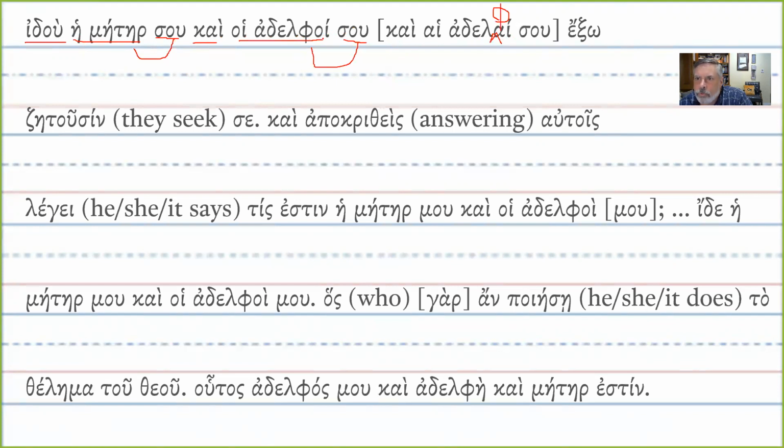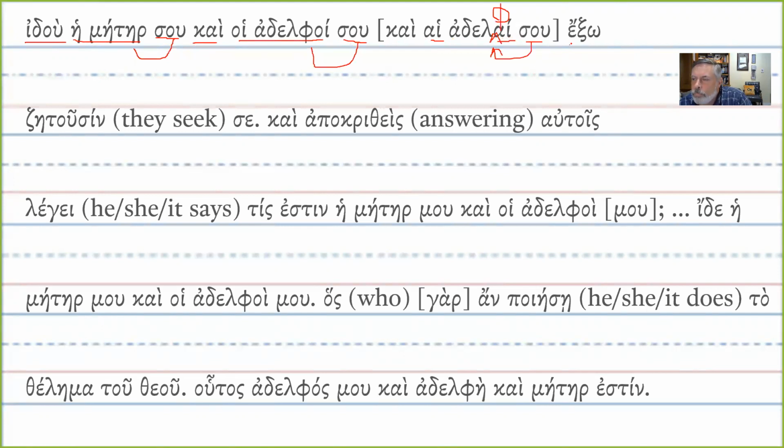We know now these are plural, brothers plural, mother singular, but sisters, there's a nominative feminine plural. So that's why we know it's kai hai. There's a nominative plural feminine article, kai hai aldelphi, and again, second person genitive modifying aldelphi. So behold your mother and your brothers and your sisters.